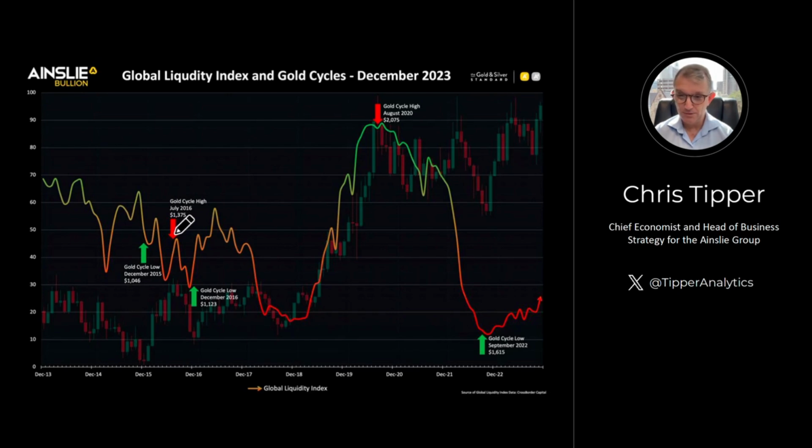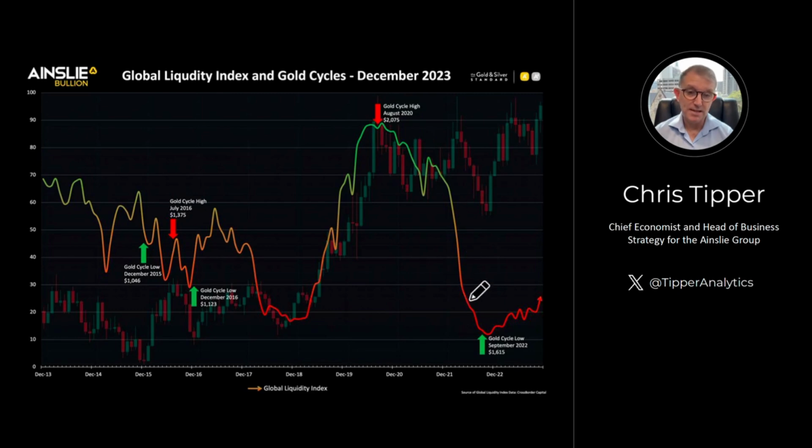We got a high, it was a bit choppy here, but the high where we had a little bit of a peak in the liquidity high, and another low, that low actually lasted right through until we saw the more recent 2020 liquidity high, where gold peaked pretty much exactly at the top of that liquidity cycle. So that lined up perfectly.